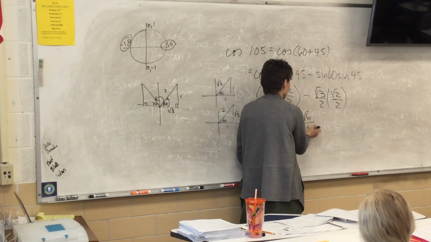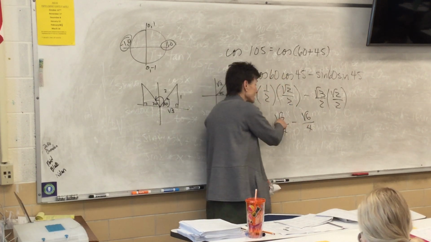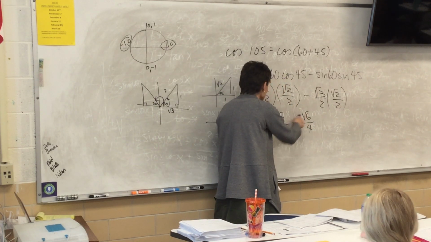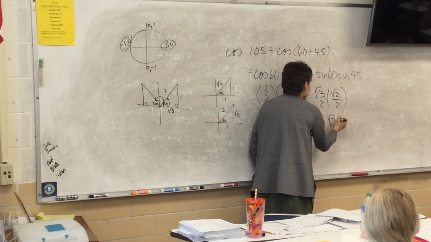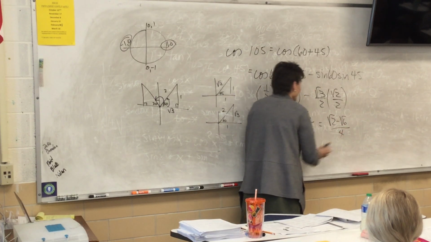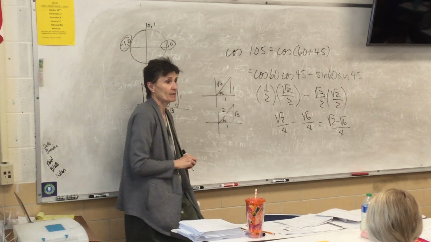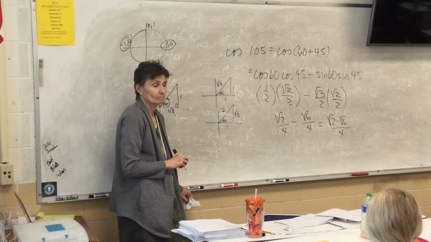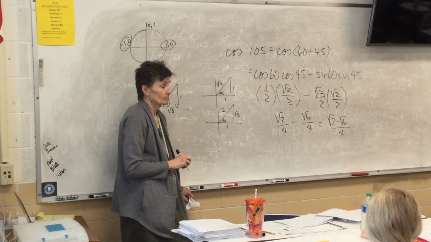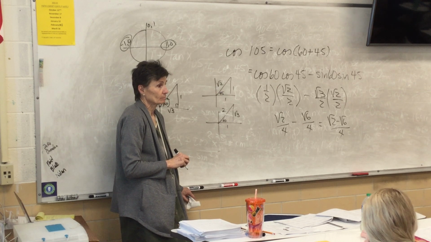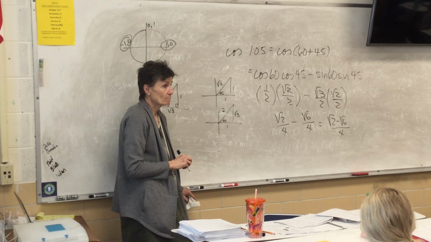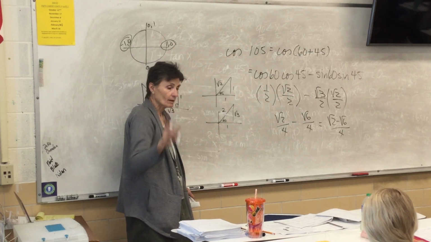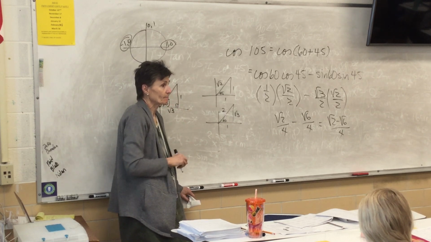And root 6 over 4. These do not subtract. You cannot do anything with that, but you can write it as a single fraction since the denominators match. Okay? Anything else before we go to the pretest?